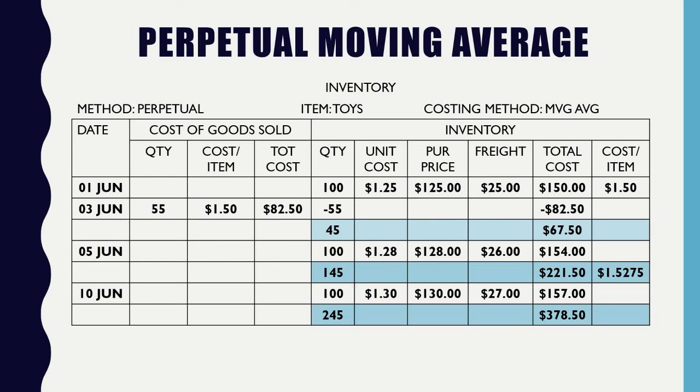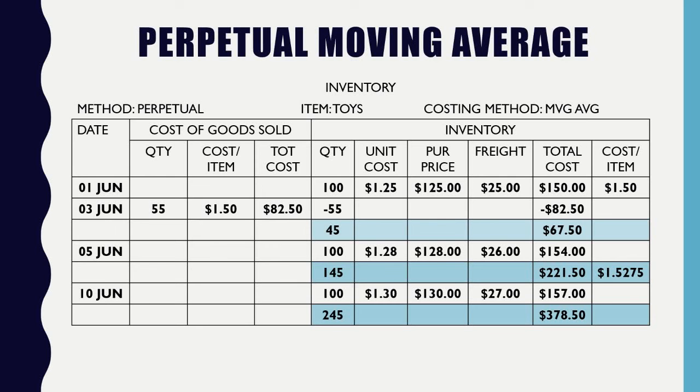So what I'm taking here, instead of solving for what 154 divided by 100 is, I'm adding them all together to get me the grand total. So it's the same concept, the same here, where you're going to take the 221.50, but this time you're dividing it by 145 to get your average cost per item.